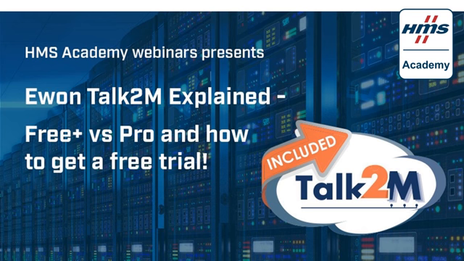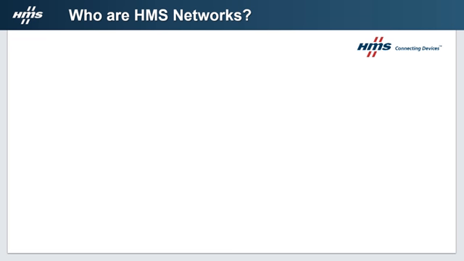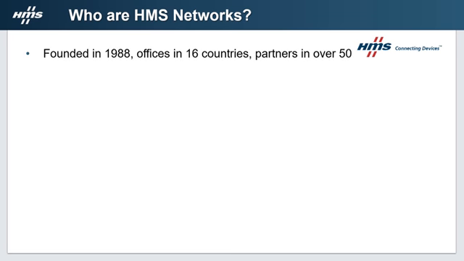Now, I will start with an introduction on HMS as a company and the products we use in our IIoT solutions. HMS Networks has been around for over 30 years now, and we have offices globally supplying customers with solutions for industrial communications. And increasingly these days, that means the industrial Internet of Things.